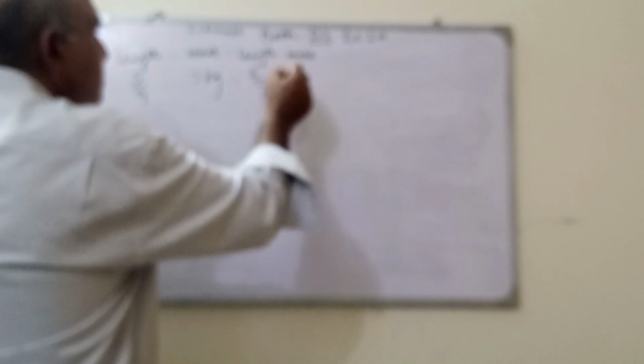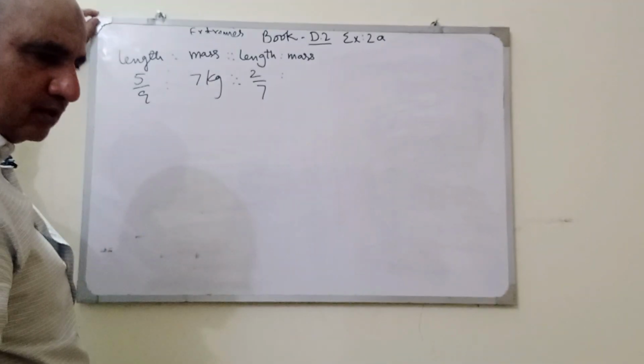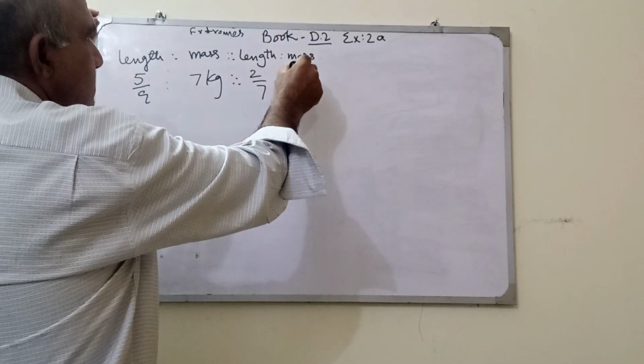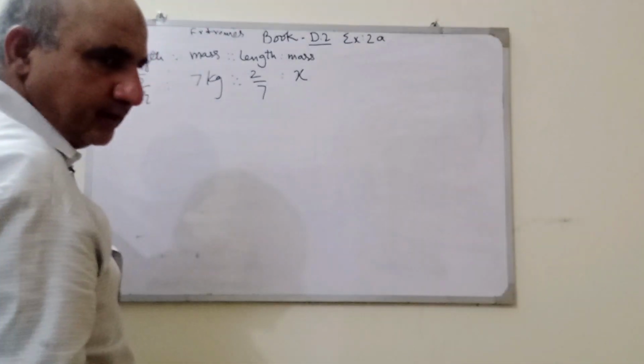We are saying that if 2/7 of the length, it is the ratio of the total length, has a mass, which we have to find.